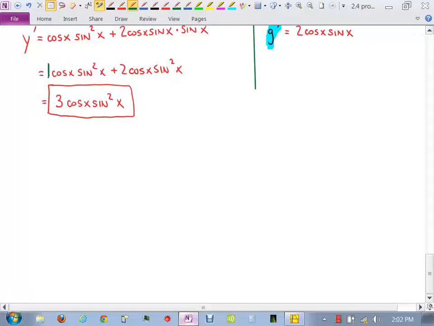All right, I'd like for you to try one on your own. Okay, here we go. Now you'll need to know what the derivative of secant x is.